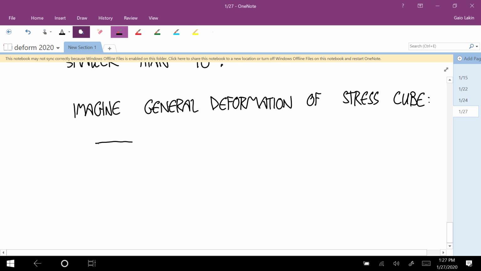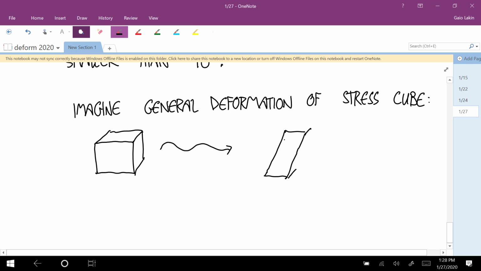You start out with a cube, and after the deformation, you end up with a parallelepiped. So each of the sides is a parallelogram. And you can see that the lengths in some dimensions are smaller, in some dimensions are bigger. Some angles have gone from 90 degrees to obtuse angles. Some have gone to acute angles.